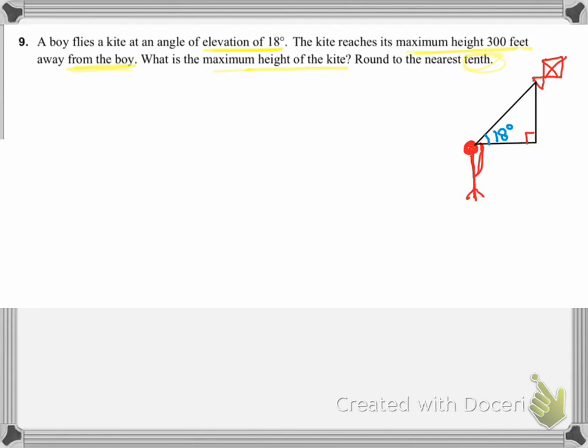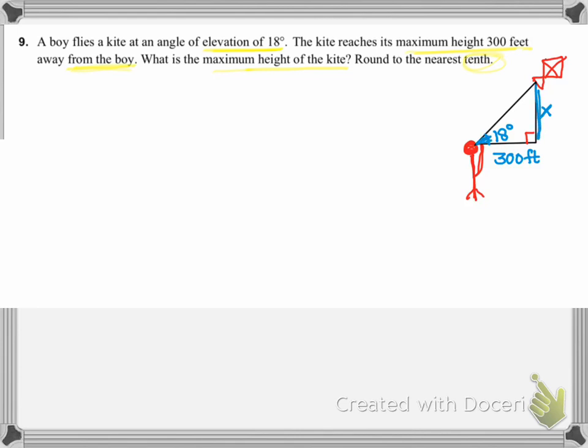Now we have to calculate, and they say this distance is 300 feet. What is the maximum height of the kite? They want us to find this thing. I don't know how much that is, so I'll assume it to be x. That I have to find.